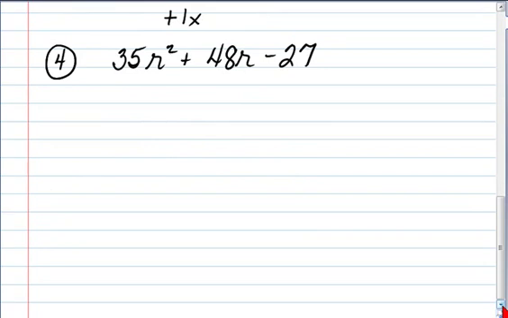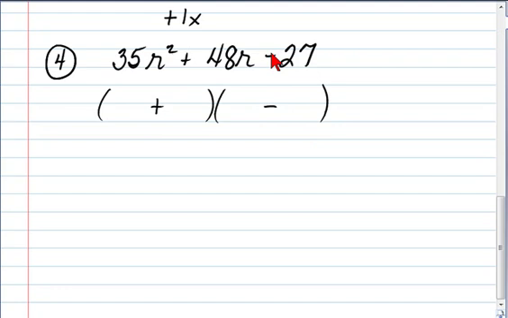No. Okay, before it's over, the answer will be yes to something, but not yet. Tell me about the signs. One positive and one negative. How do you know? Because the last sign was negative. When the last sign's negative, it's always one of each.